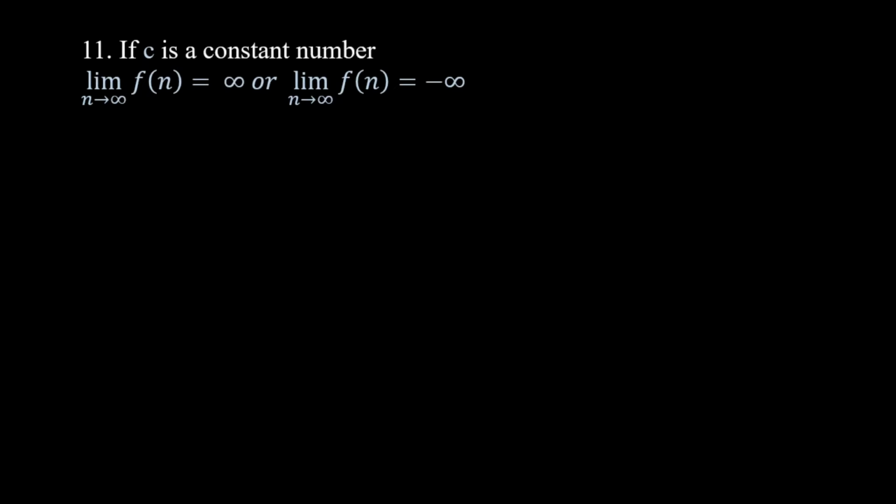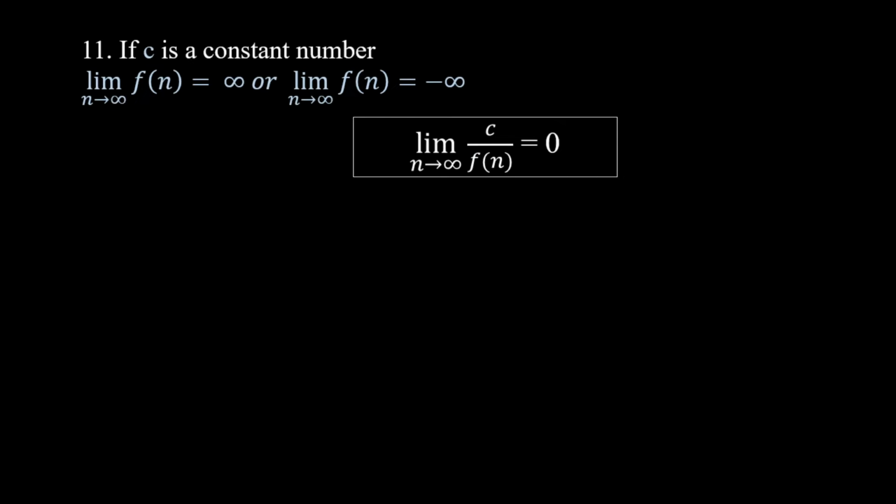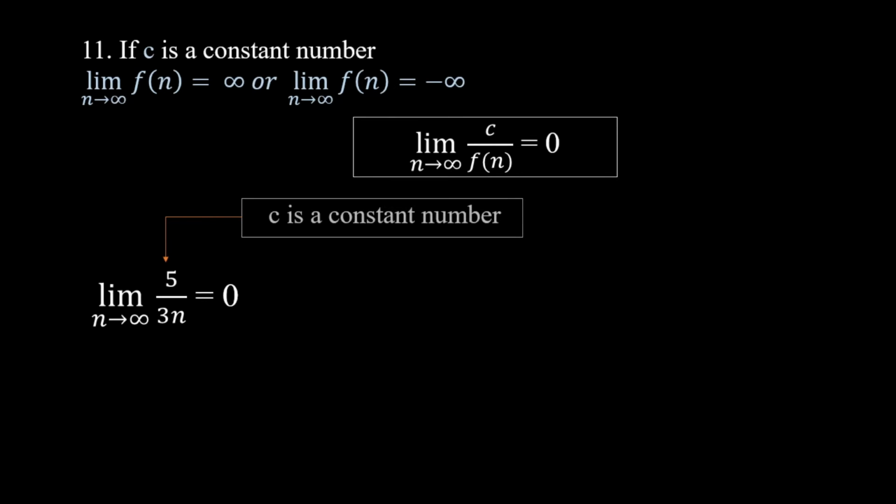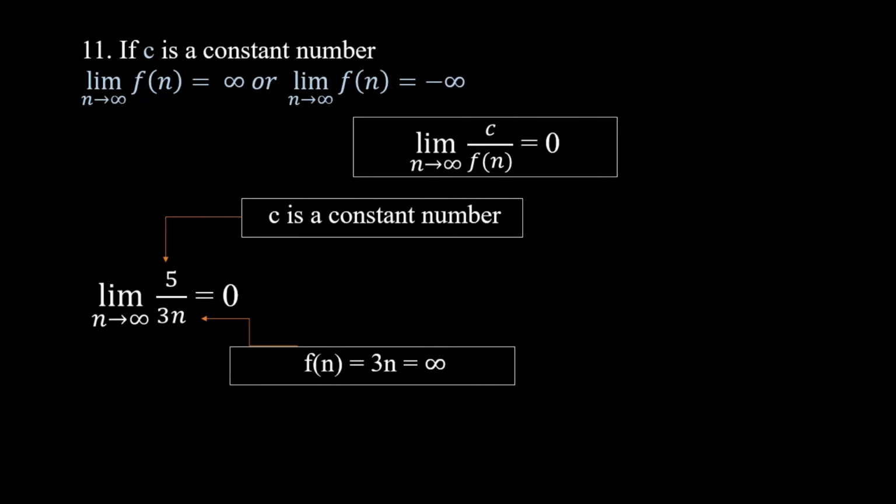Theory number 11. If c is a constant number and limit of f of n as n approaches infinity equals infinity, or limit of f of n as n approaches infinity equals negative infinity, you'll get limit of c over f of n as n approaches infinity equals 0. So for example, in this case, limit of 5 over 3n as n approaches infinity will equal 0, as 5 represents the c or a constant number and 3n represents the f of n or the function underneath.